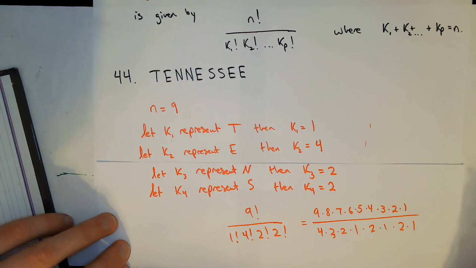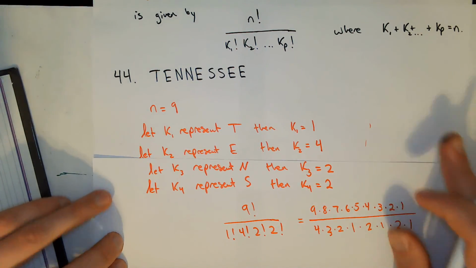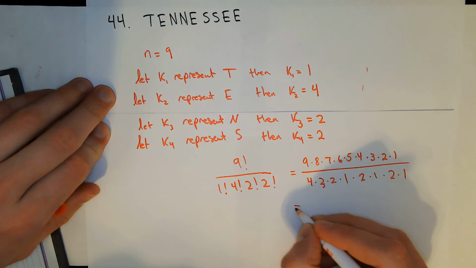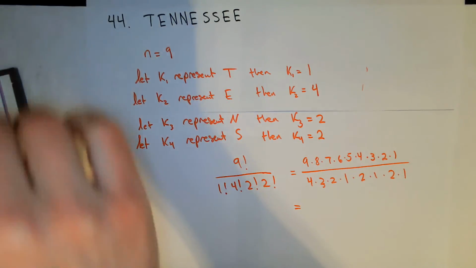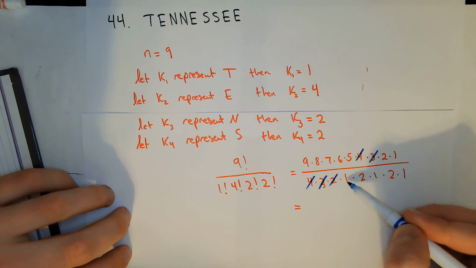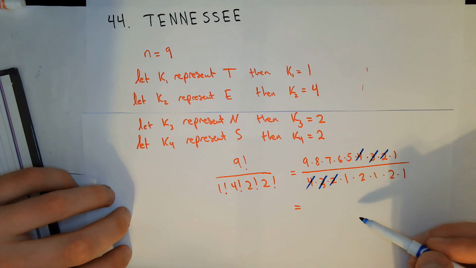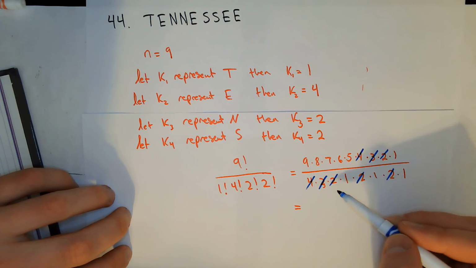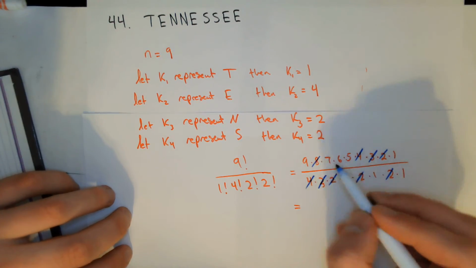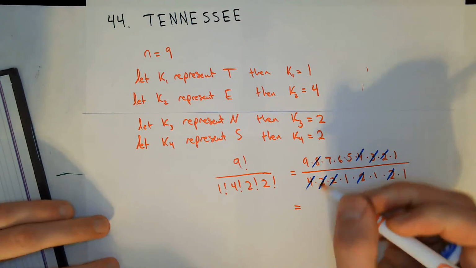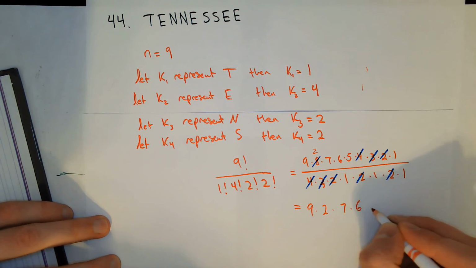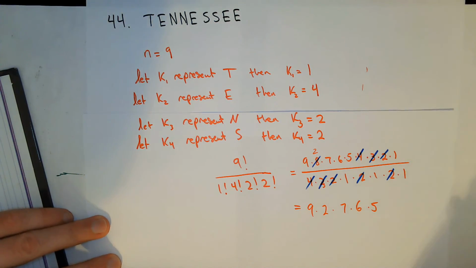All the times 1s don't really matter, but there they are. Let me cancel some stuff out. 4s cancel, 3s cancel, this 2 cancels. Oh, 2 times 2 is 4, so it can cancel with that 8, leaving me with another 2 up here. So I have 9 times 2 times 7 times 6 times 5, and all the times 1s don't matter.